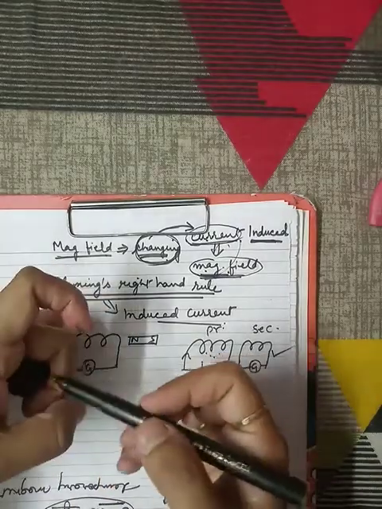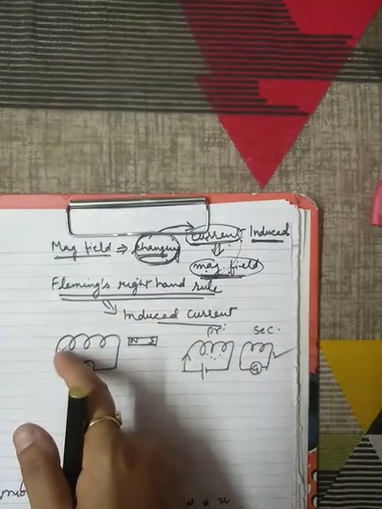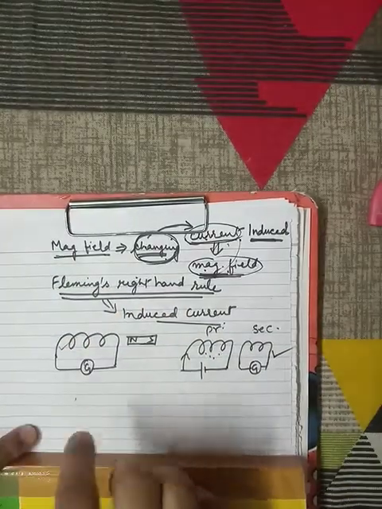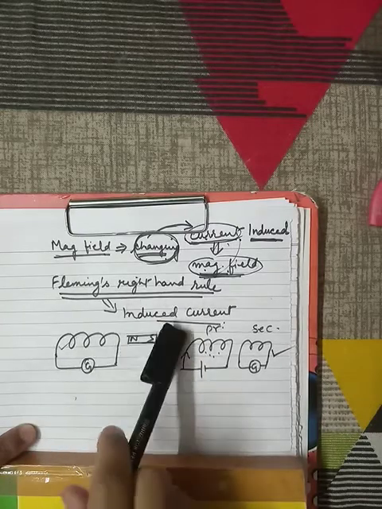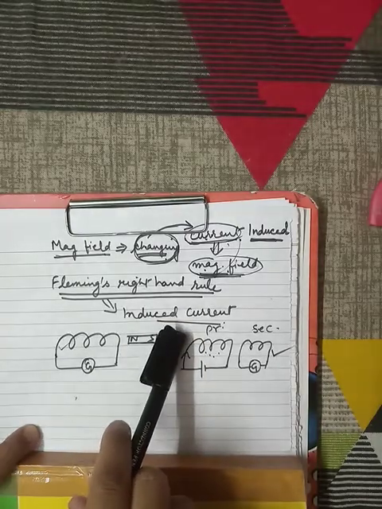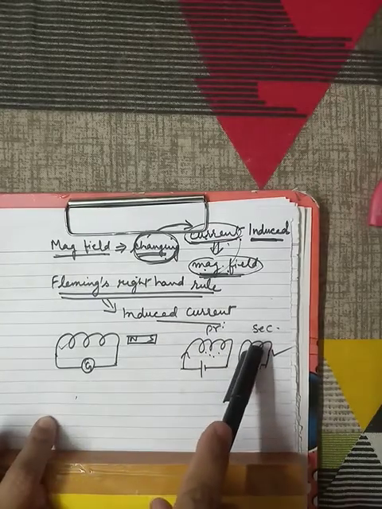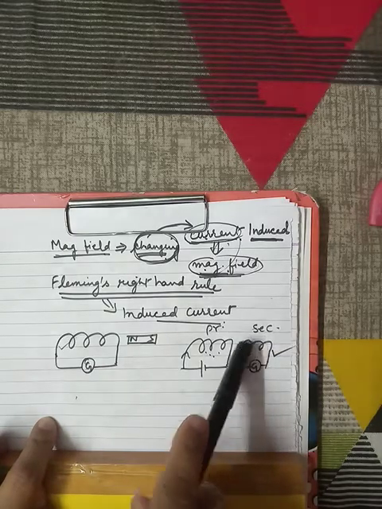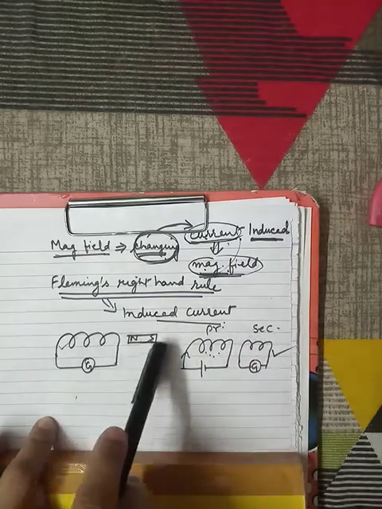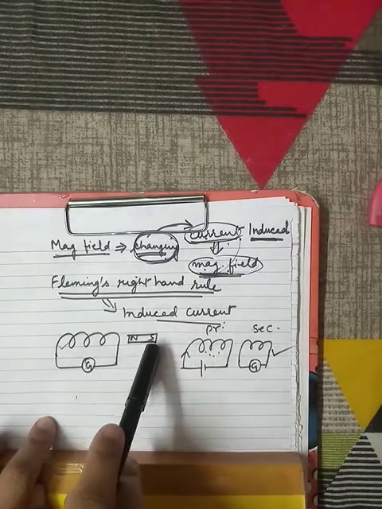So what is the direction of induced current? That is given, again, by Fleming's right hand rule. One important thing that has to be discussed over here is how many factors the induced current depends upon. It depends, first of all, upon the number of coils, the number of turns you can say, and it may depend upon the magnetic field strength, or the strength of the magnet you can say.